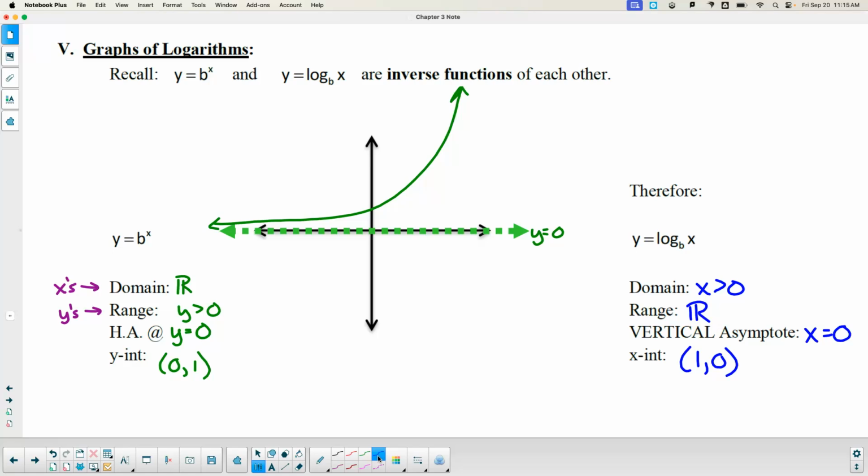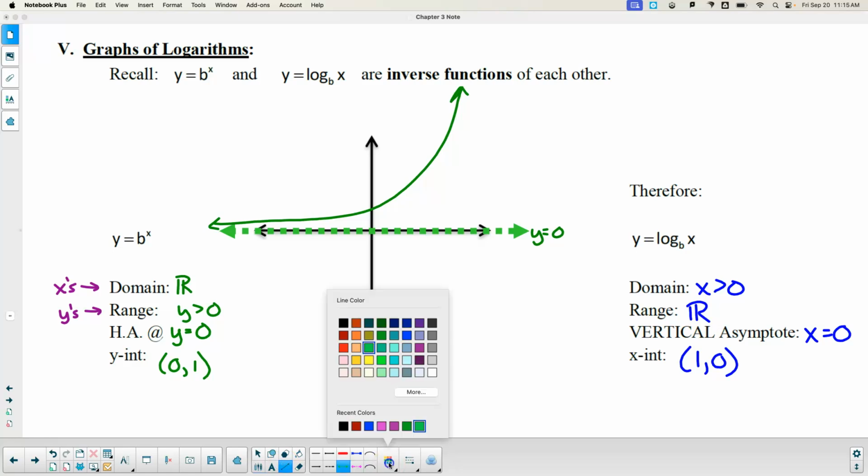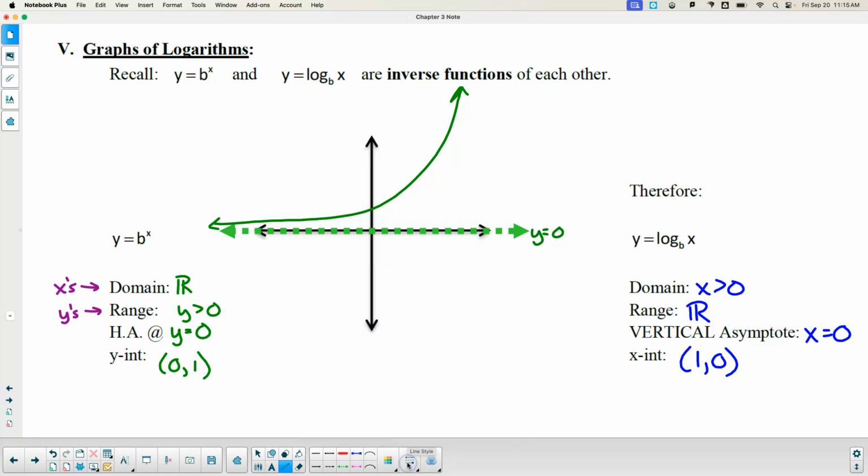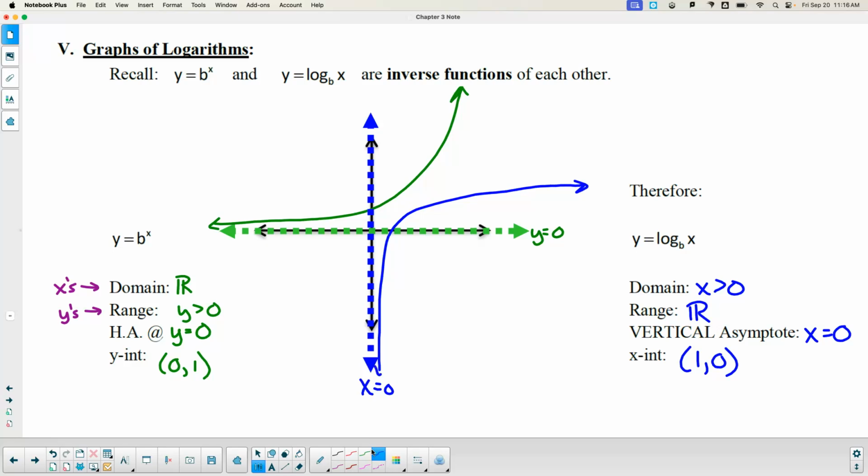So if I put that on, now I've got my vertical asymptote at x equals 0. Now I go through the point (1, 0), so the graph of my logarithmic function is going to be that in blue.